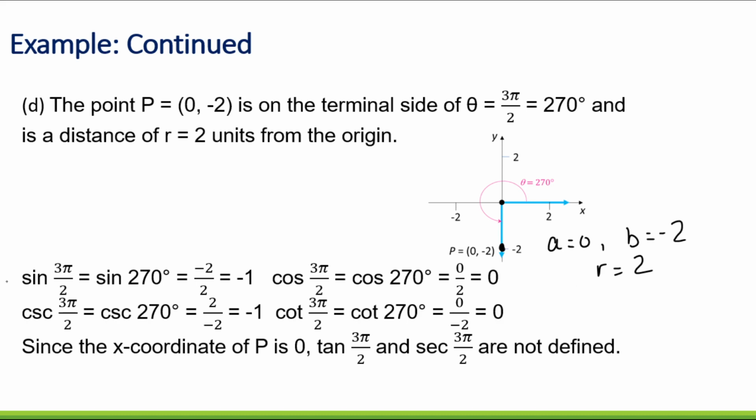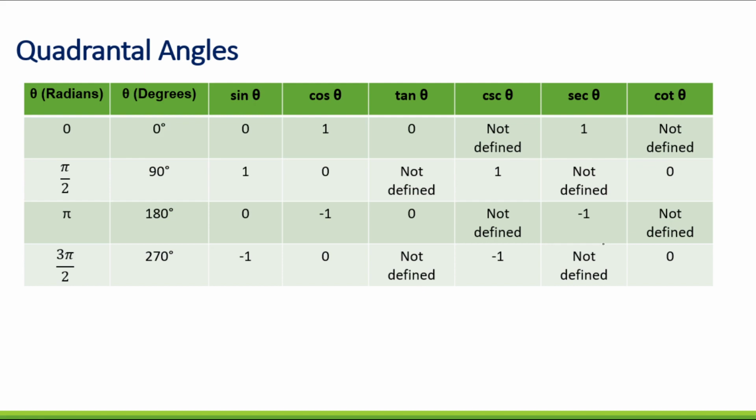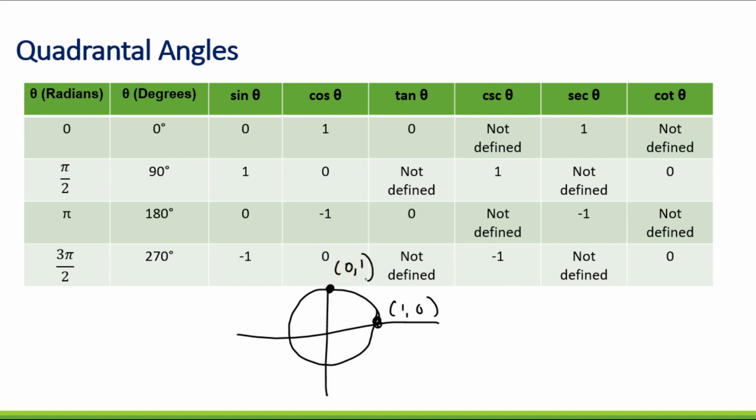Now, the next slide, which is 27 in your slide deck, has a summary of all the quadrantal angles and their corresponding trigonometric values. But to find these, you can use a unit circle. A unit circle is a circle with a radius of 1. So this point is (1, 0). At 90 degrees, that's (0, 1).